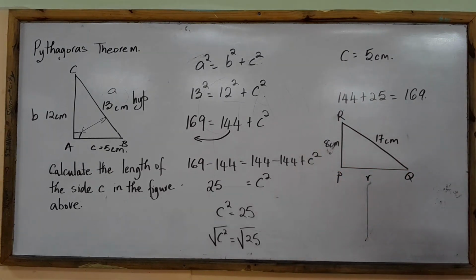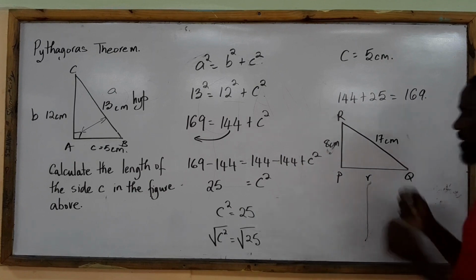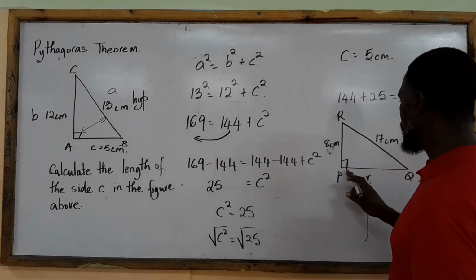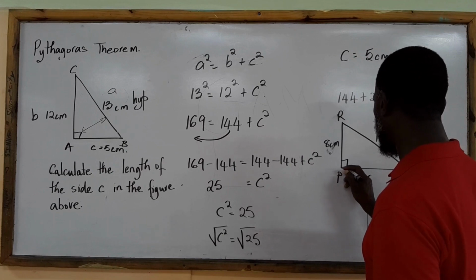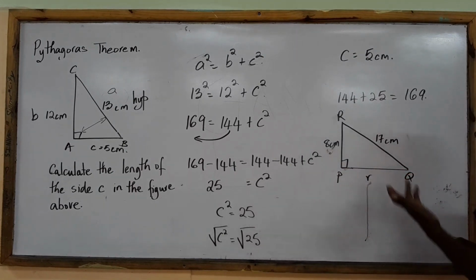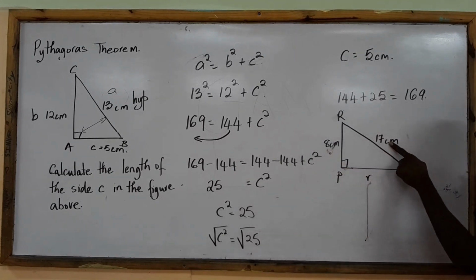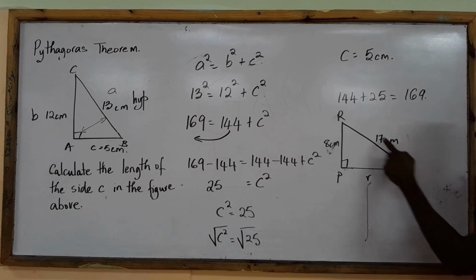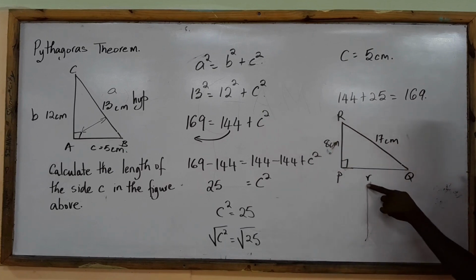If we look at this right angle triangle as well, here again we are given the hypotenuse and one of the short sides. In this case, you are asked to find the unknown side, which is r.